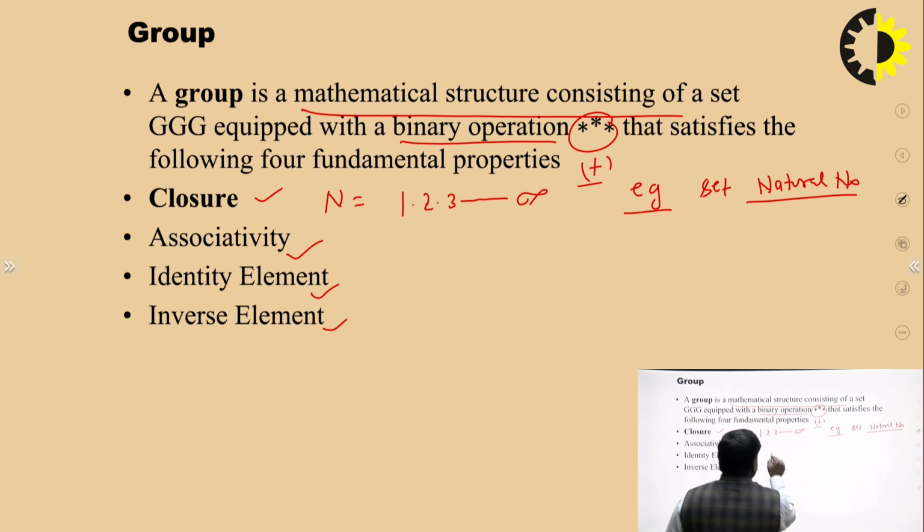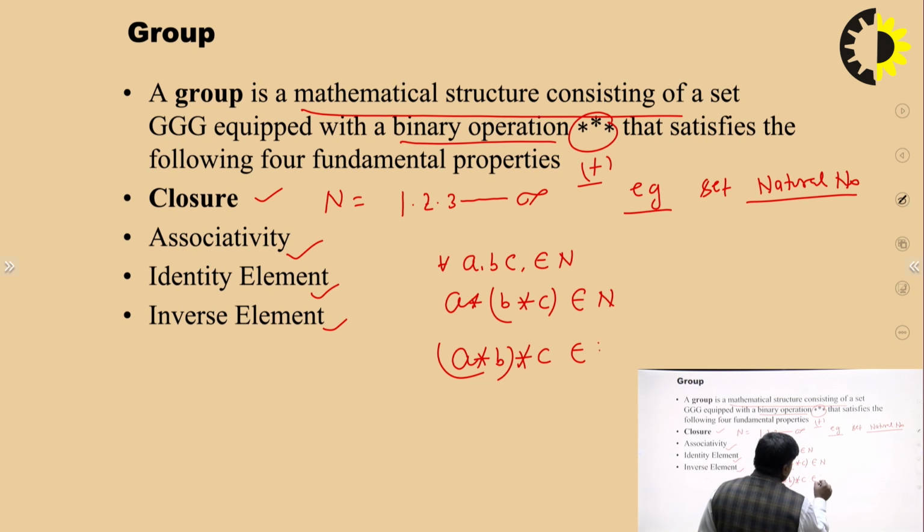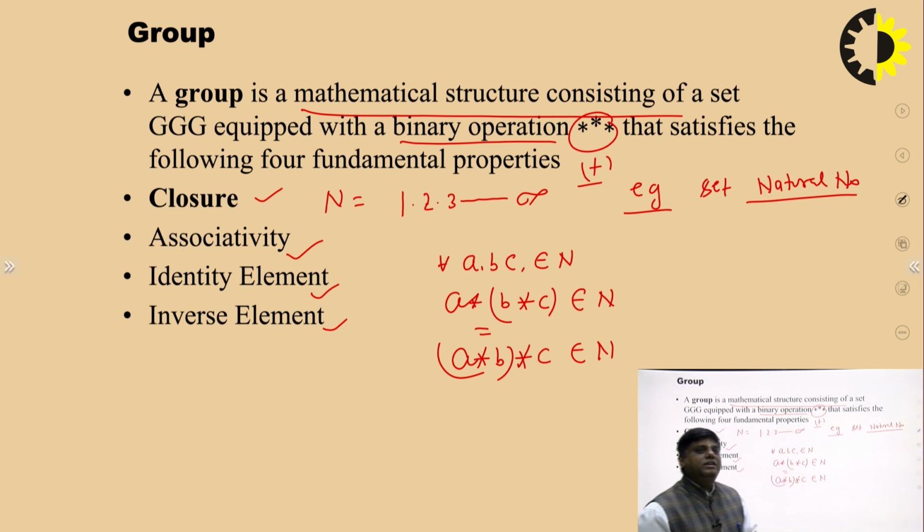Now, for every a, b, c that are elements of N, a into b into c also belongs to N, and this one, a into b into c, also belongs to N, and both are equal, then it follows the associative law.